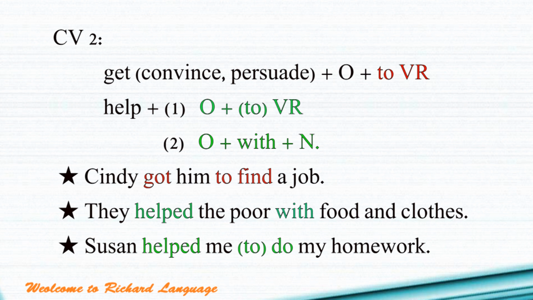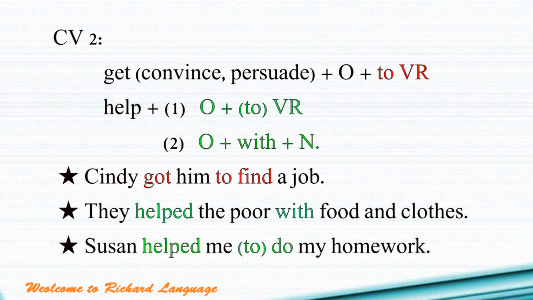So you can use to V or just V. Okay, both are correct. The second way to use help is you use an object and you use the preposition with plus a noun.